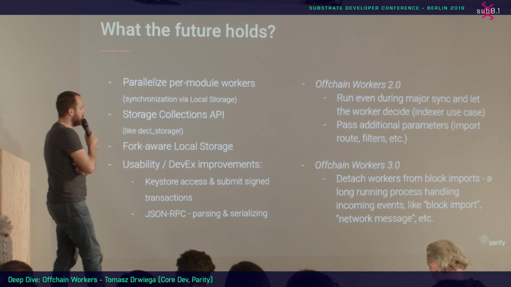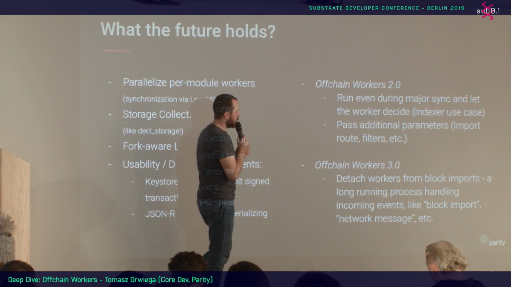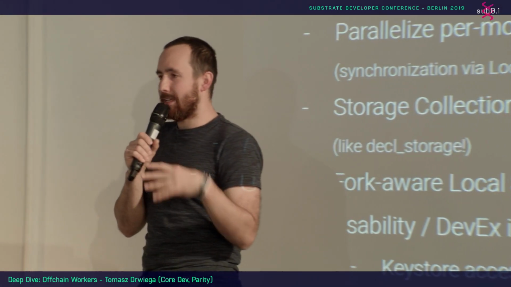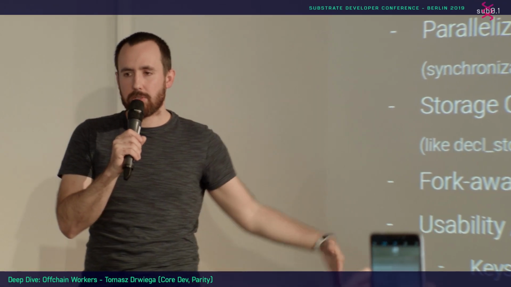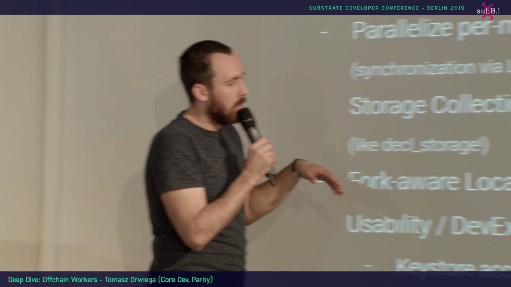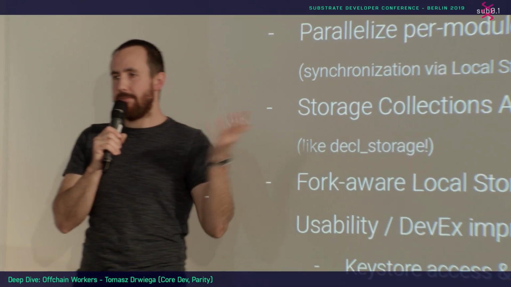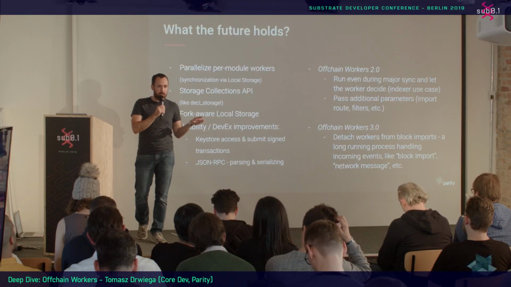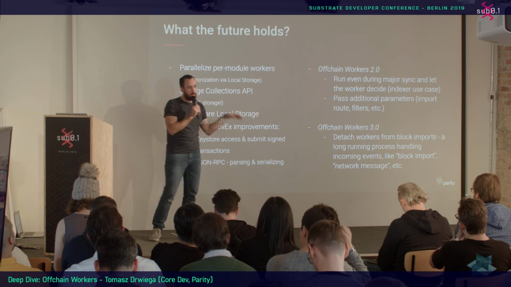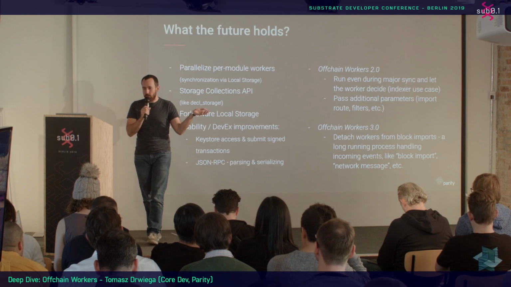And in an even longer future, it might be a good idea to detach those workers from block imports and instead make them long-running processes that pretty much run along the node and are allowed to receive and process some messages that happened in the system, some events. For instance, a block import is one of those events, and then this off-chain worker 3.0 would be able, on every block import, to call this off-chain worker 2.0.